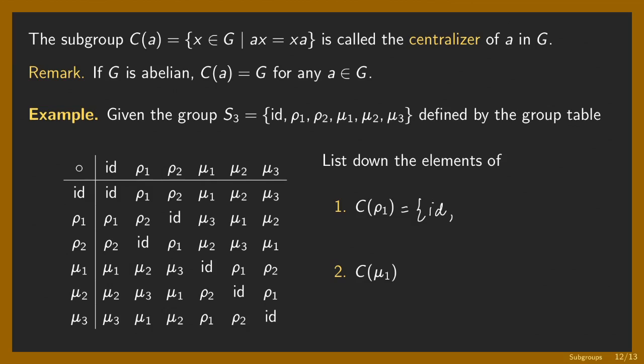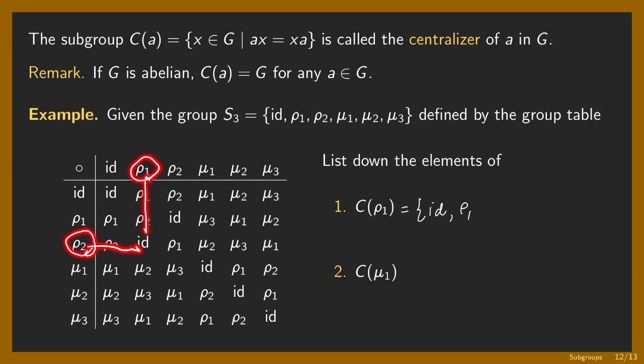Now, what else? Of course, row 1 commutes with itself, because row 1 times row 1 is equal to row 1 times row 1. How about row 2, for example? Does this commute with row 1? So what I do, if I have the table, I multiply row 2 times row 1.